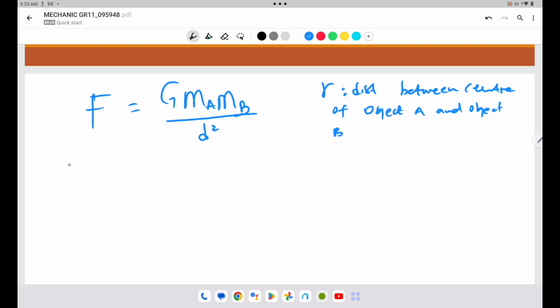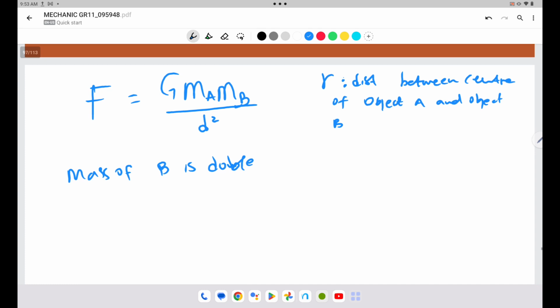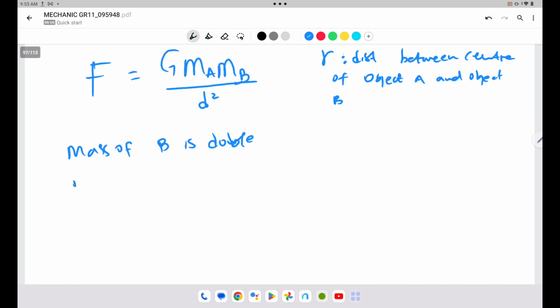What we are being told is the mass of B is doubled. What that means is the new mass of object B will be 2 times the old mass.